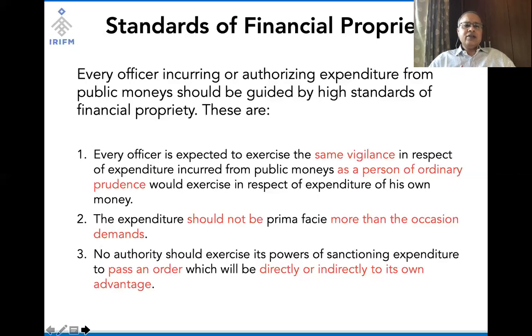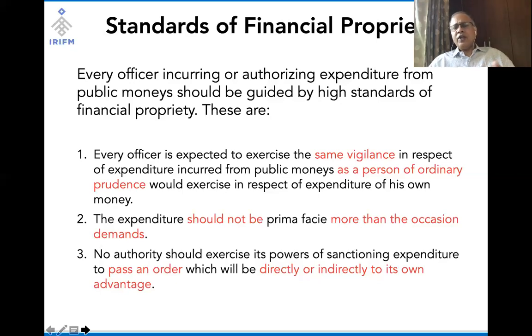The third is that no authority should exercise power in sanctioning expenditure which is in his own benefit. So, for example, if I sit in an interview, which is not necessarily expenditure, and my nephew is attending the interview, I, as a public authority, must withdraw from that interview, right?